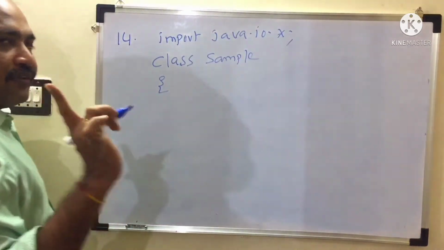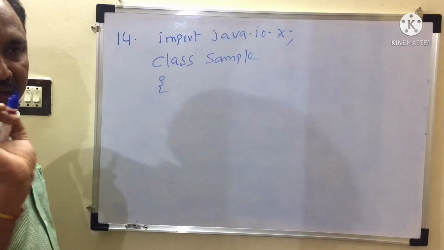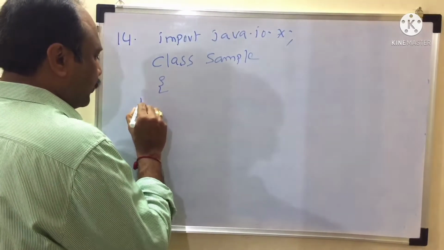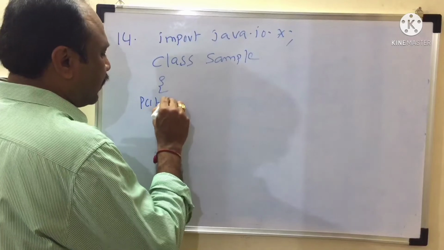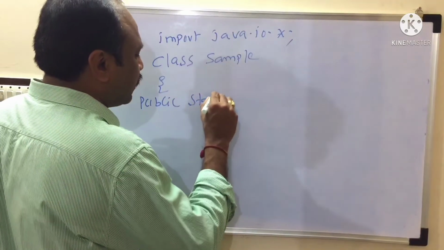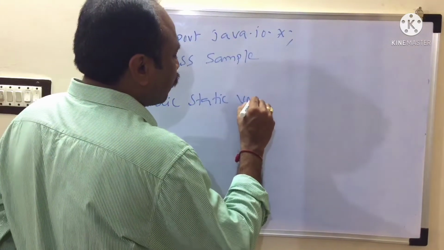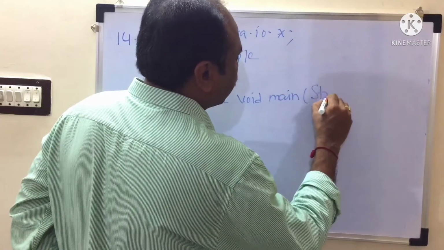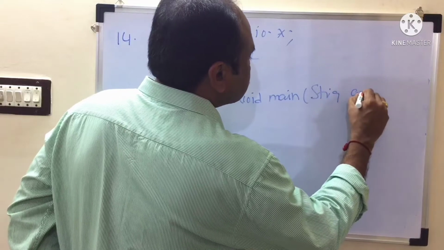Whether it is C programming language or Java programming language, program execution starts from main. But we can't simply write main, we have to write public static void main. It has a parameter String args.